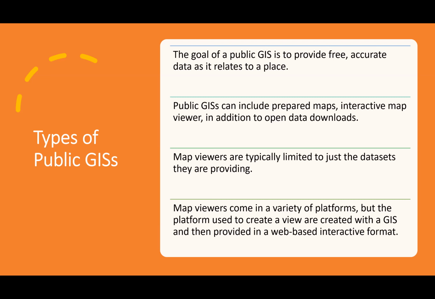But typically there are some fundamental functions that are built in for you to be able to use and get used to. Again, it's like the idea of using a software platform. What does the graphical user interface look like? Does it look the same in LA County's GIS as Cuyahoga County's GIS?